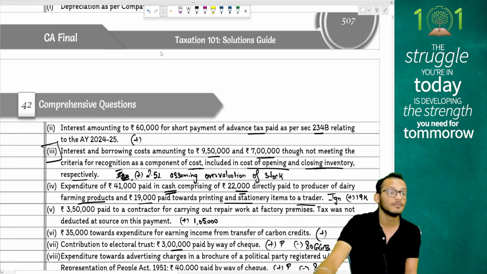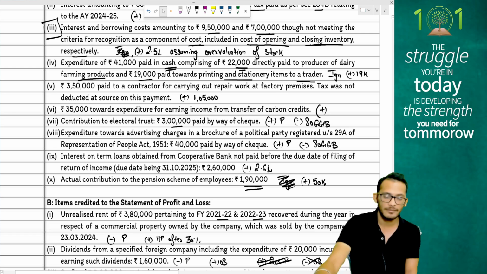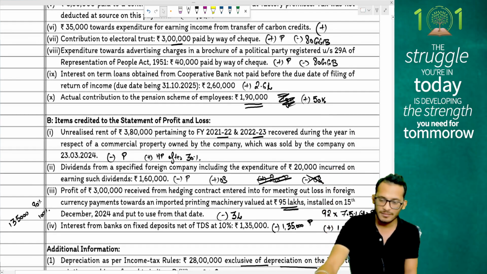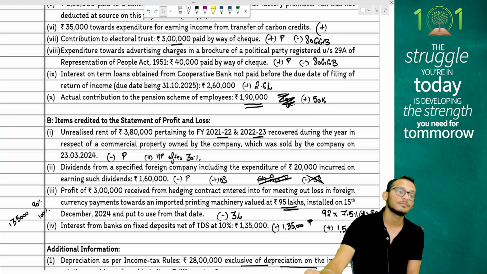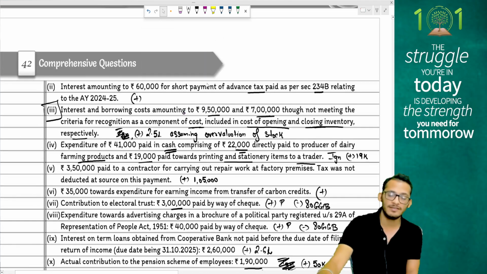Adjustment number 3, adjustment B2. We have disallowed it.